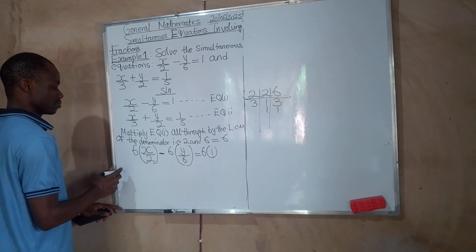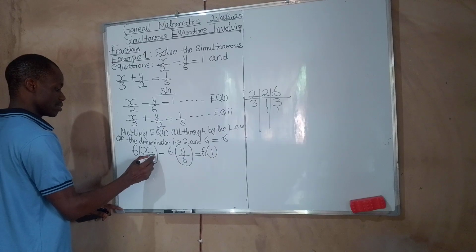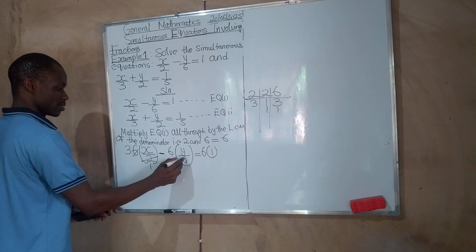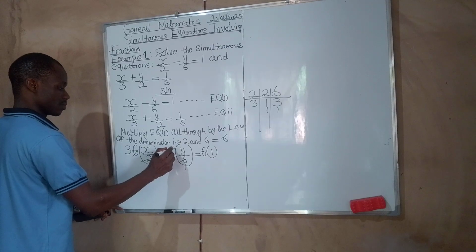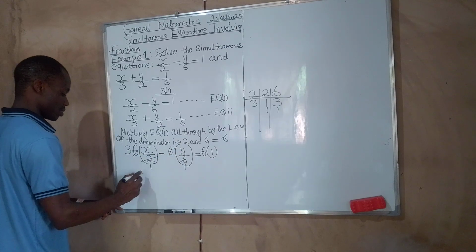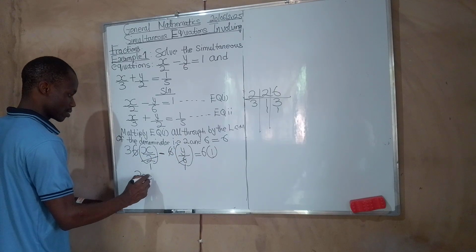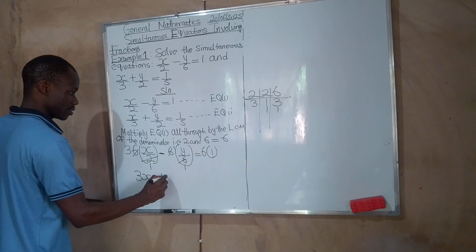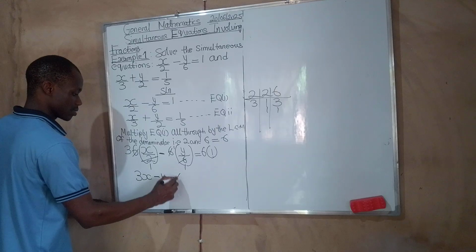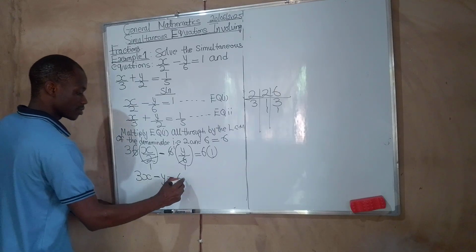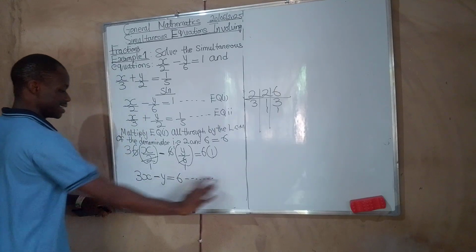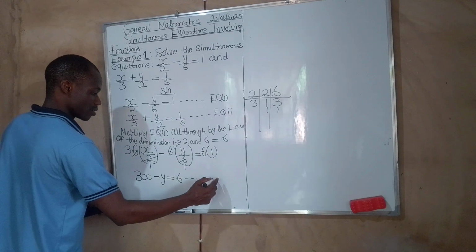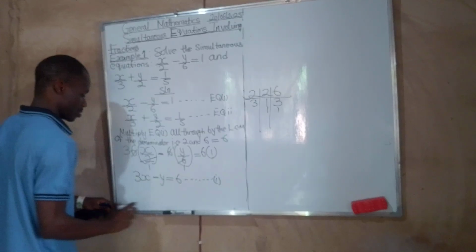Before we do that, you can cancel out immediately if you like. 2 into 2, 1, 2 into 6, 3; 6 into 6, 1. So 3 times x, 3x, minus 1 times y equals 6 times 1, 6. So we have gotten a linear equation, which we can call our new equation 1.